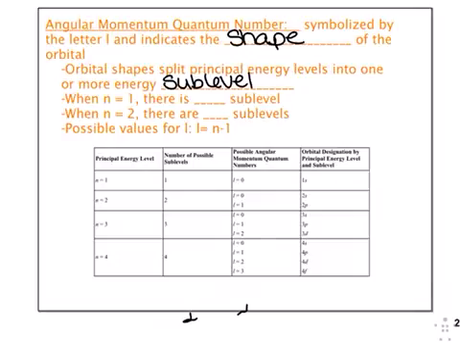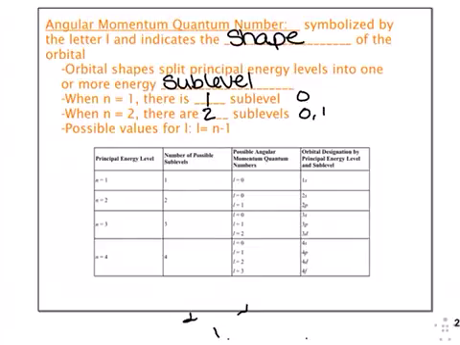So when n equals 1, or that principal quantum number is 1, then there is one sublevel. And we call that sublevel 0. When n equals 2, there are 2 sublevels, and these sublevels can have a value of 0 or 1.